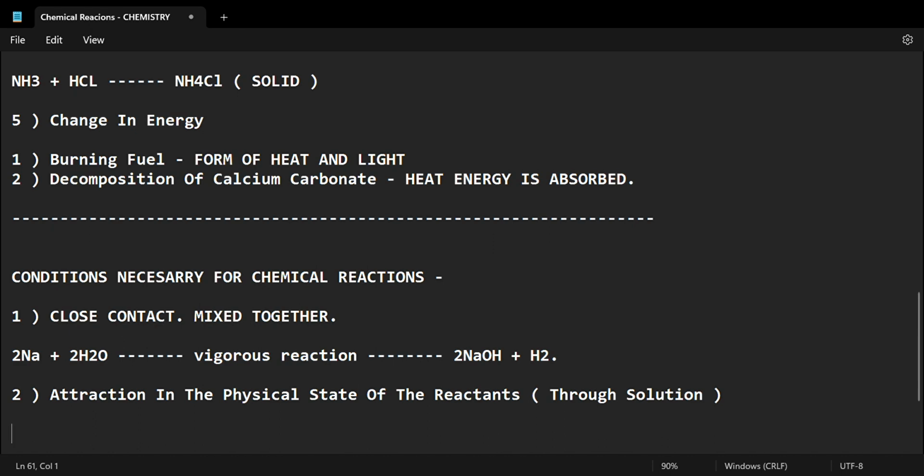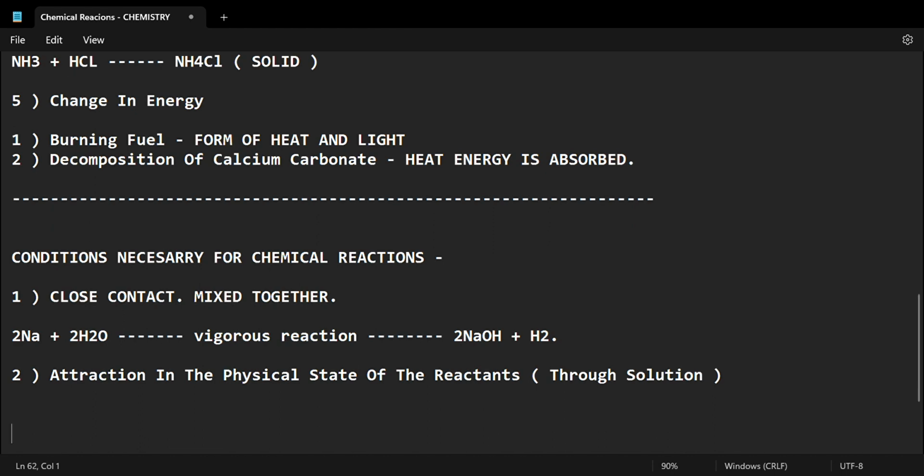In some cases a chemical reaction occurs when substances are mixed in solution form. This brings the reacting molecules in contact with each other at a faster rate. So in some cases this chemical reaction occurs when substances are mixed in solution form.